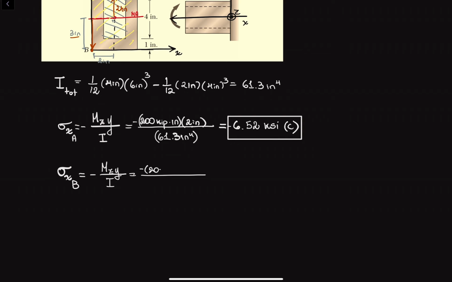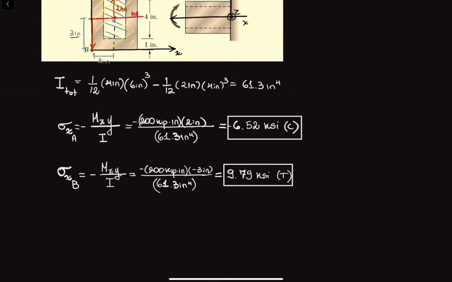We're still going to have 200 kilopounds times inches times, well, 3 inches now because we're going down, so it's going to be negative 3 inches, divided by 61.3 inches to the fourth. And now that we have that, we can input it into the calculator and see what we get out of it. And that's 9.79 KSI. And that's going to be in tension because it's positive.